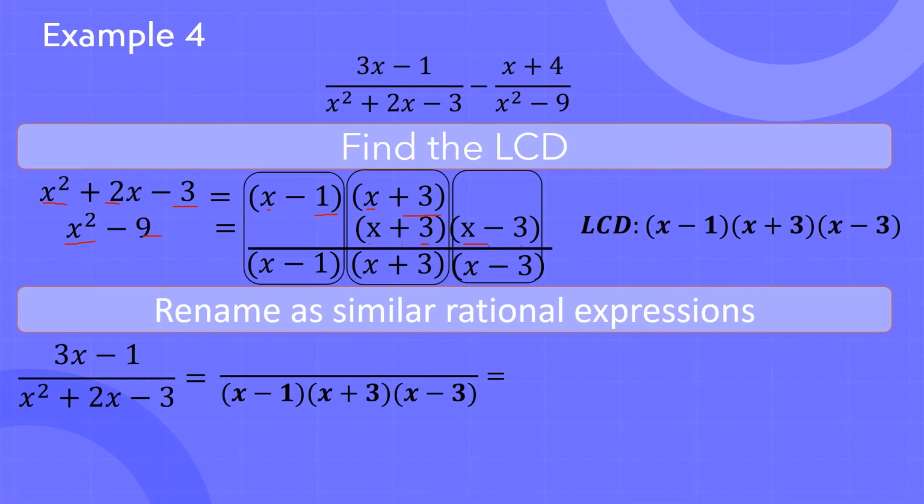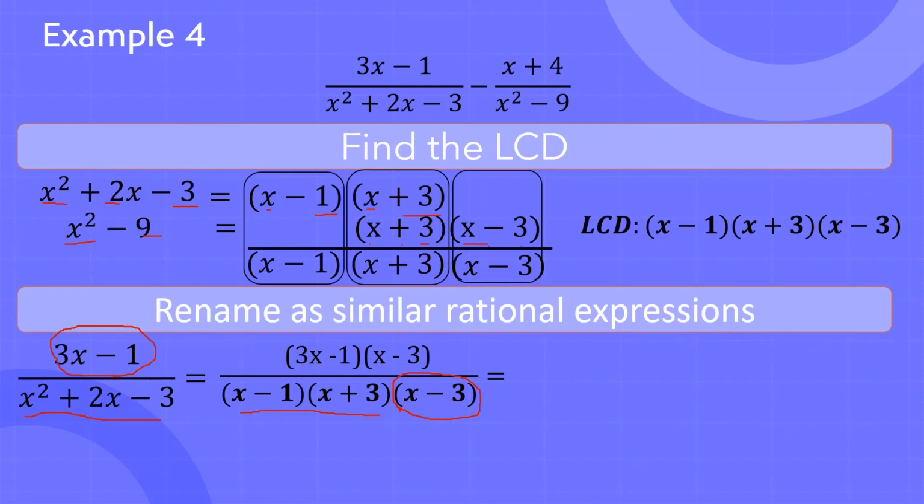Since kanina, ang factors ng x squared plus 2x minus 3 ay x minus 1 times x plus 3, kapag i-divide natin yun, ang makukuha natin ay x minus 3. At yun ang imumultiply natin sa 3x minus 1. Okay, so we have 3x minus 1 times x minus 3.